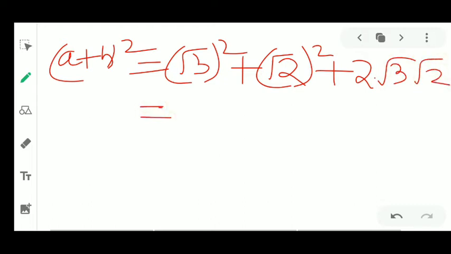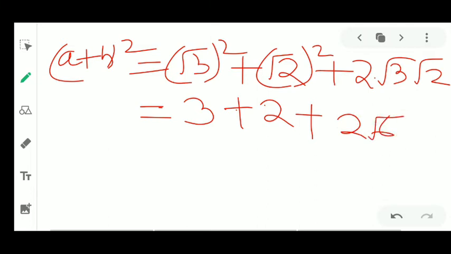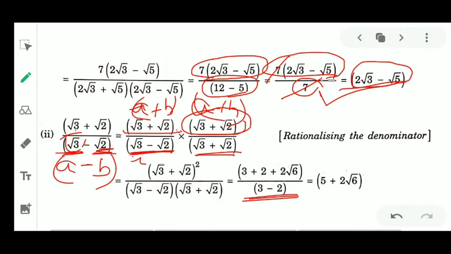Root 3 square is 3, root 2 square is 2, then we have 2 root 6. So the numerator is 3 plus 2 plus 2 root 6, that is 5 plus 2 root 6, and the denominator is 1. So the answer is 5 plus 2 root 6. Clear?